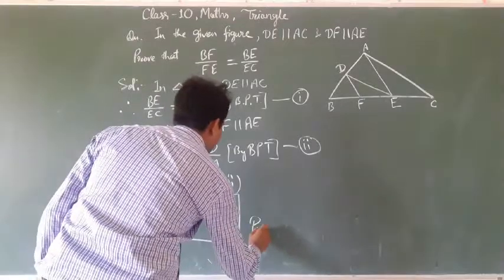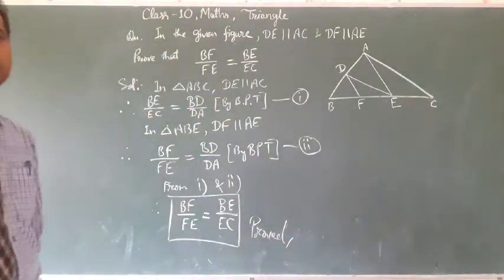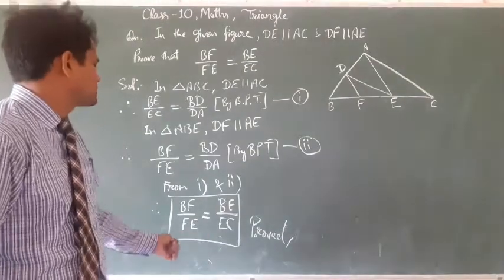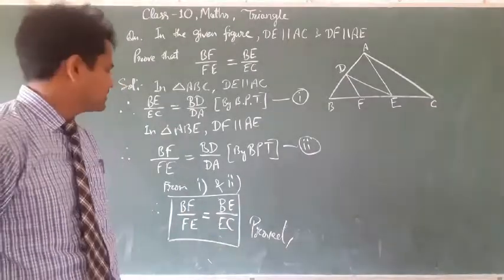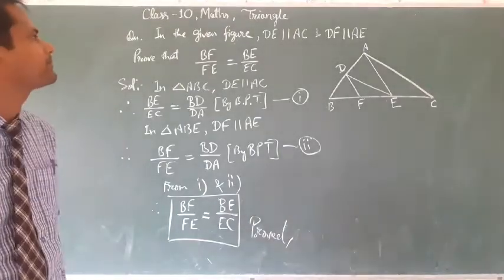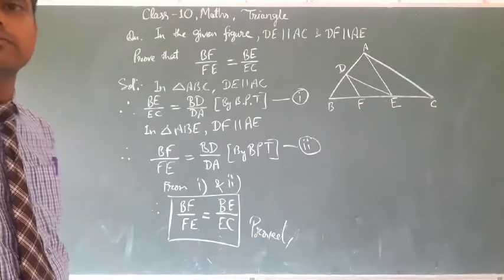Hence proved. So BF upon FE is equal to BE upon EC, which we had to prove. Pause the video and note it down.